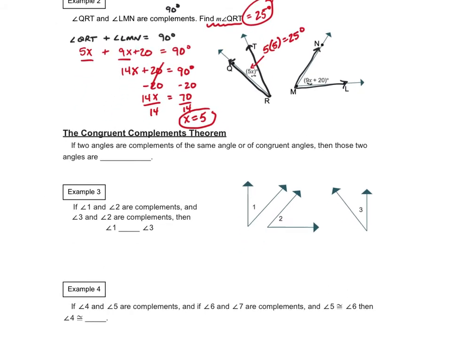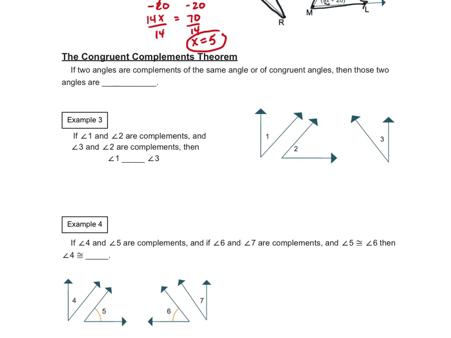Moving on to the next one here, the congruent complements theorem. If two angles are complements of the same angle or of congruent angles, then those two angles are going to be congruent. So let's see, what do we have here?